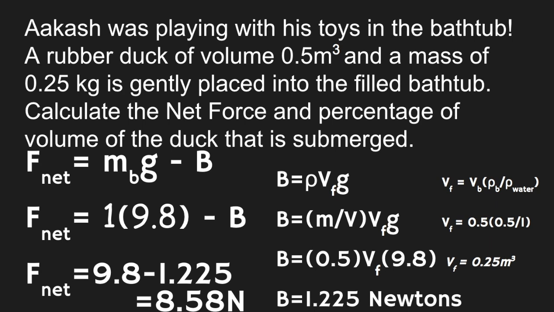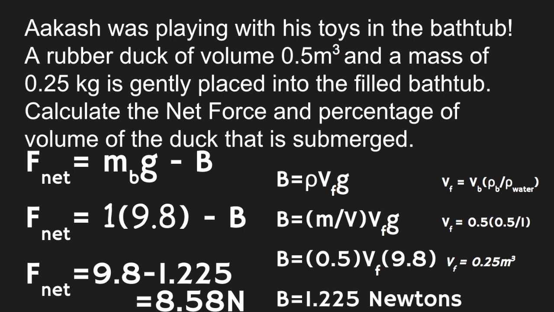So to do this, we obviously need to use the formula for the net force, which is mg minus B. And we know m and g, but we need to find B. So right here, we do 0.25 times 9.8 minus B. And on the other side, we have the formula for B, the buoyant force, which is the density of the liquid times the volume of the body submerged, or the object submerged, times the gravity.